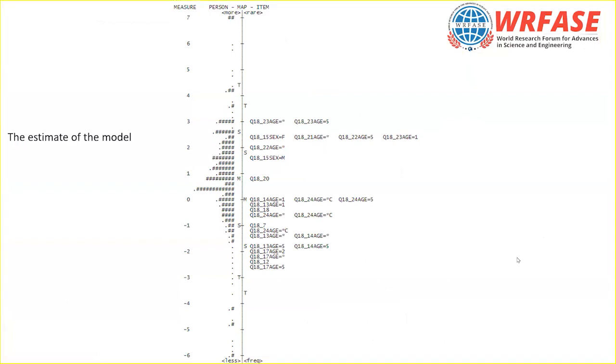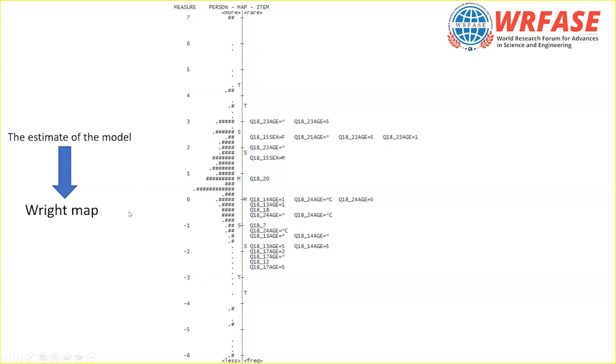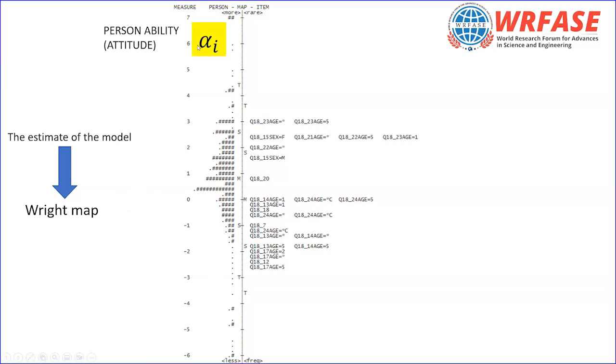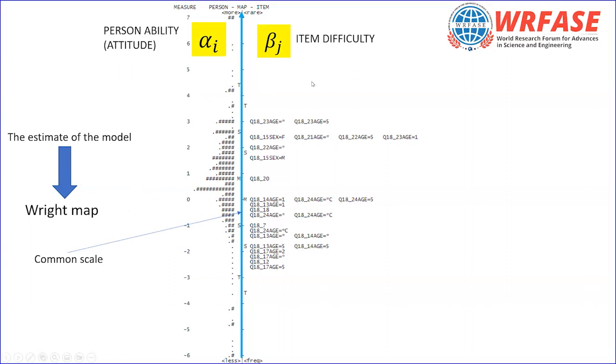The estimates of the model allow you to draw this picture that is called the Wright map. In this map, on the left, you find the person ability or attitude, alpha I, and on the right, you find the item difficulty, beta J. And this is the common scale on which they are both measured. So attitude and difficulty of items are measured on the same scale.